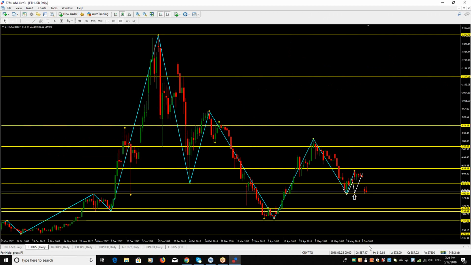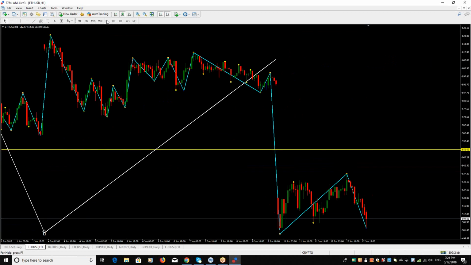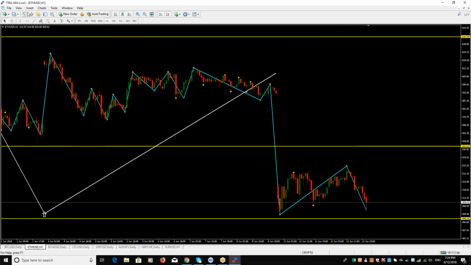Okay, so let's look at this one now. Let's put it on this chart. We have already set this up. So we've got our supply and demand zone. What we've got now, let's put my Bollinger Bands on.